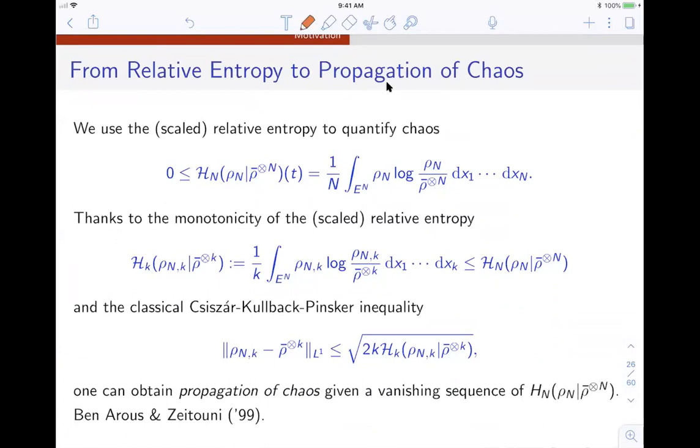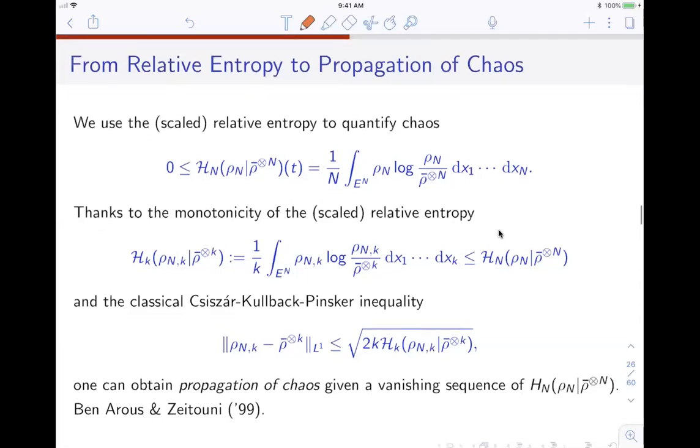Now let's talk about the method, the relative entropy method. We use the scaled relative entropy. Usually we compare two probability densities.